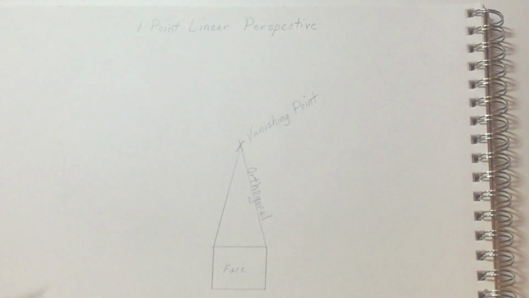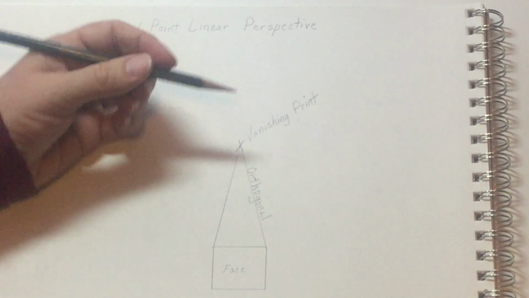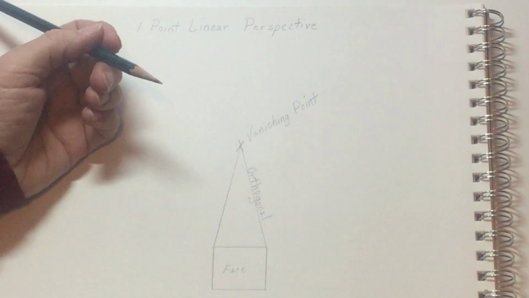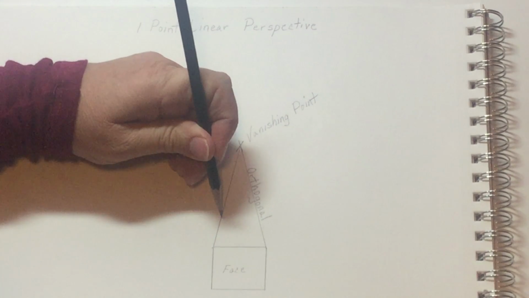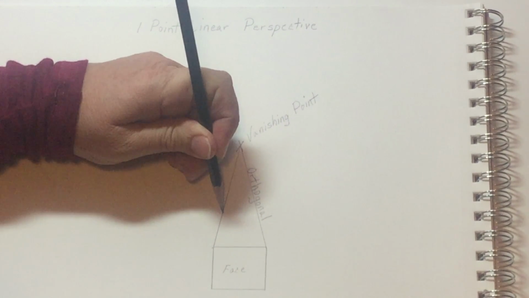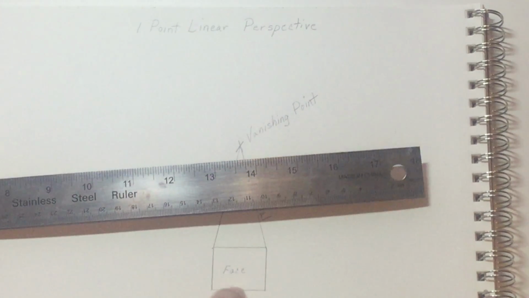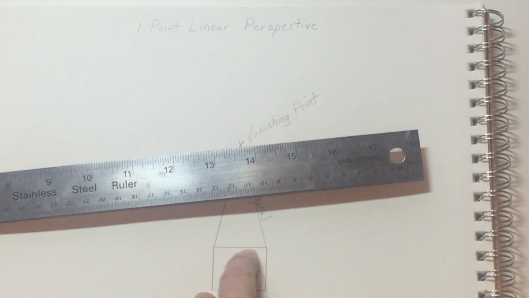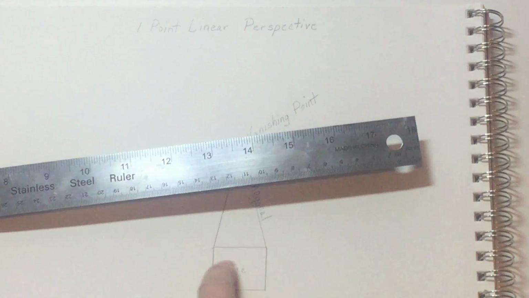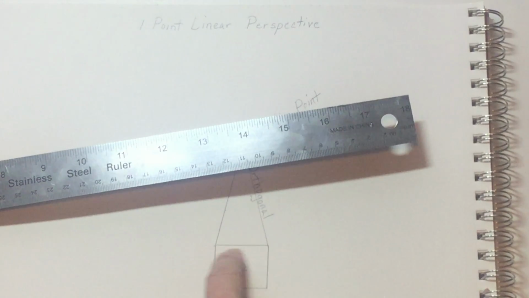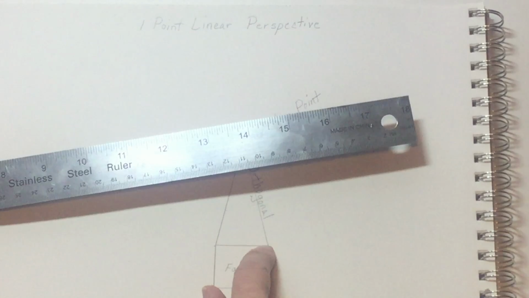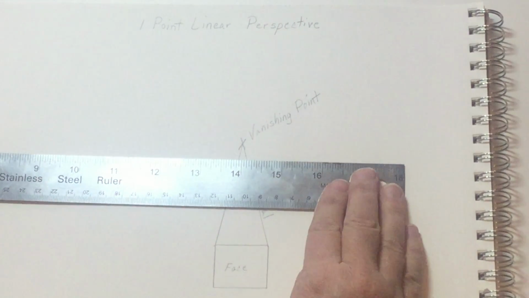Now I have to determine how thick or how long this box is that I'm creating. Wherever I decide to make it, however long I decide to make it, the key is that I have to look at my front box and the same edge. If I'm doing the top of the box, I have to look at the top line on my front face box.